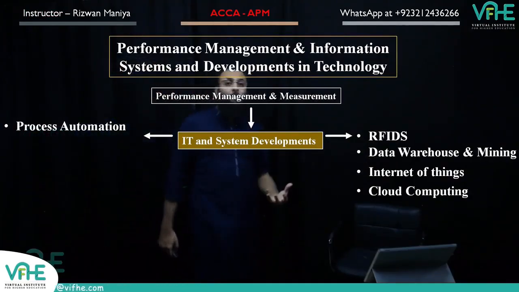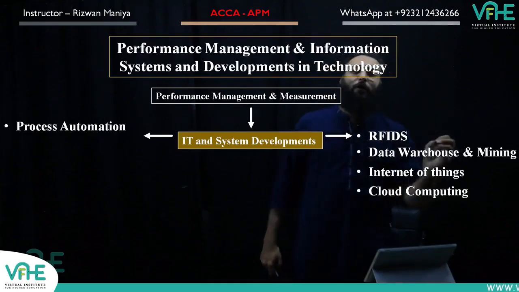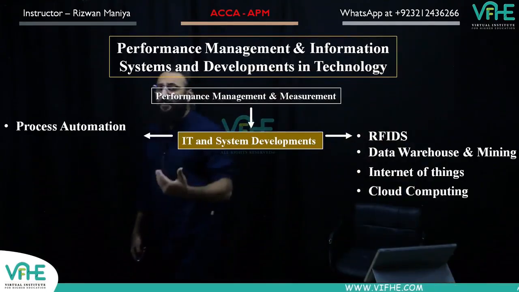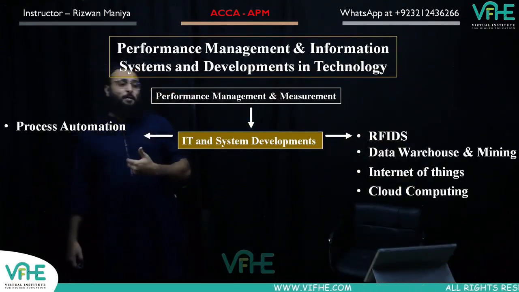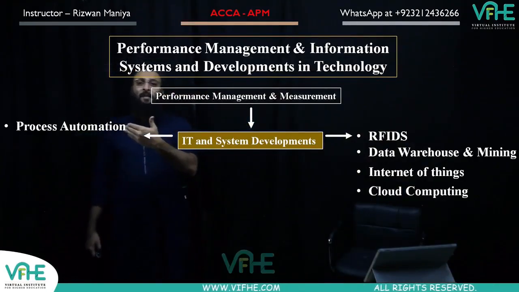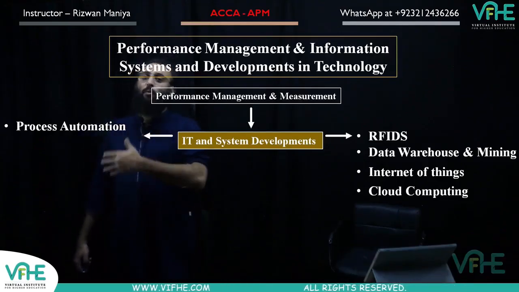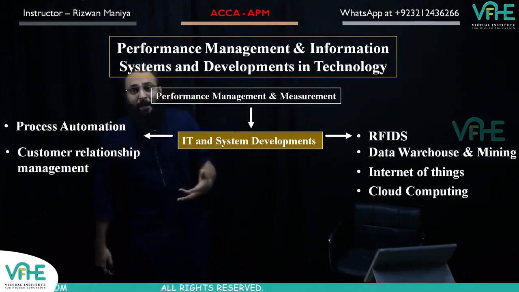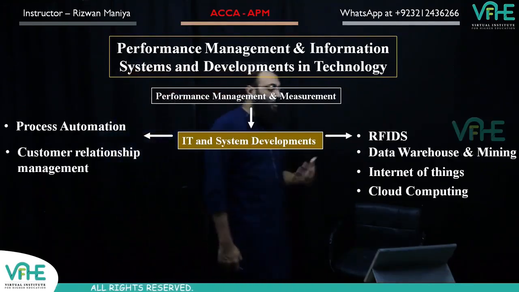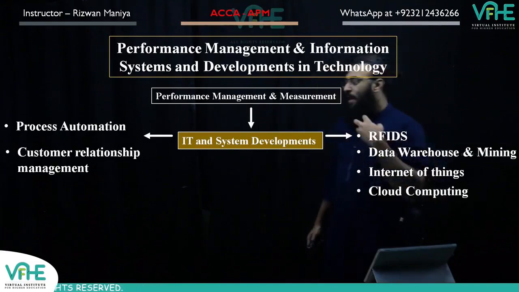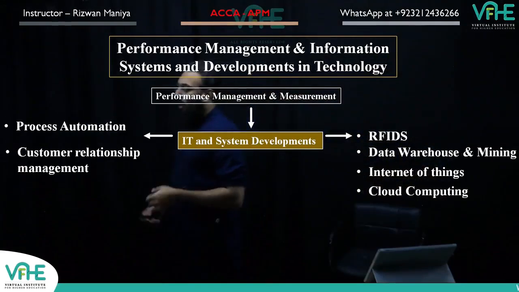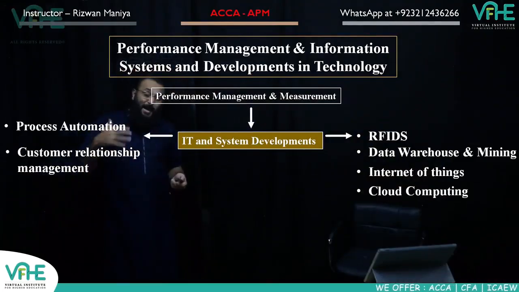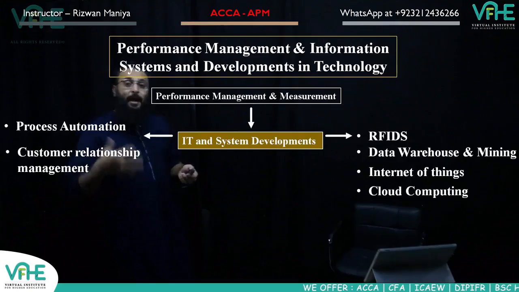Not only the automobile industry, also car servicing companies: now the car service is done automatically, which means you just go there, select the type of valet you want, and the car will be washed accordingly and you don't have to do anything. This is process automation. Then comes the term customer relationship management, known as CRMs. CRMs are used to manage relationships with customers. You acquire customers and you retain the customers.